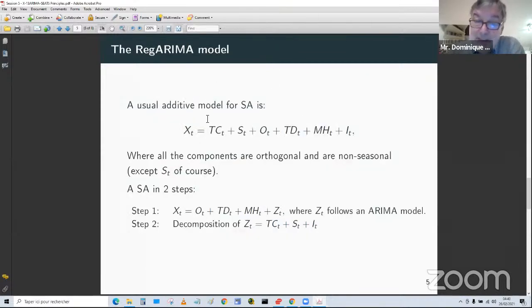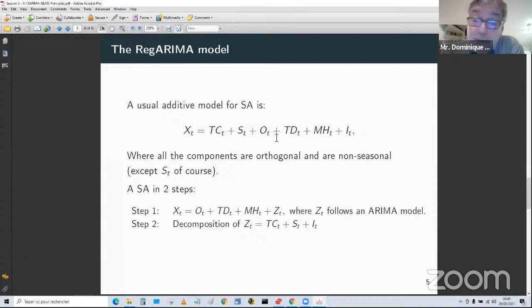So I remind you, it's the time to close the week. So we take stock of what we did, the important things of the week. Here you have the usual additive model for seasonal adjustment. I remind it to you: the trend cycle, the seasonal component, the outlier component, where you might have several outliers. It's not just one unknown.